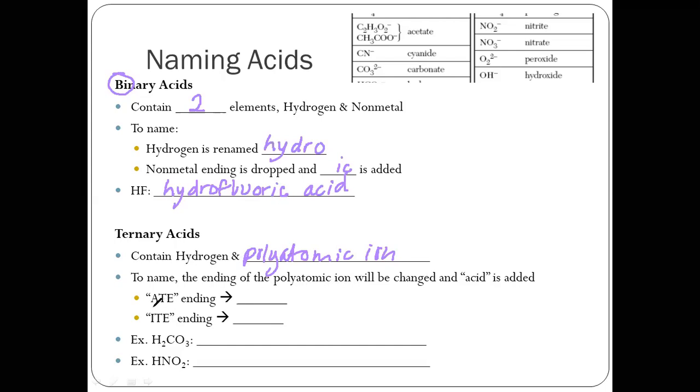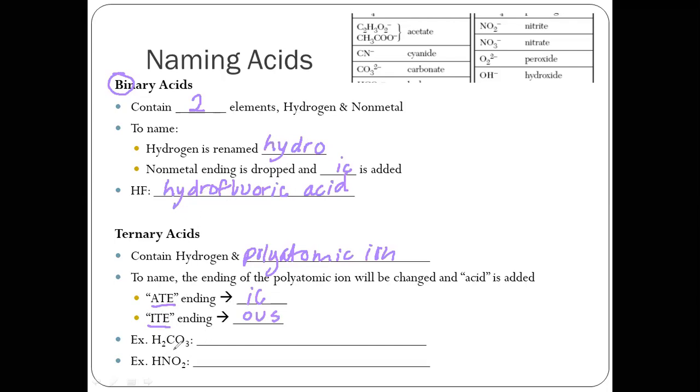If the ending of the polyatomic ion ends in ATE, you would cross out ATE and you would add an IC. So you're not going to have this hydro like you did before. You're just going to take the polyatomic name, drop the ATE, add IC, and then you add the word acid. If you have an ITE ending, you add an OUS instead.